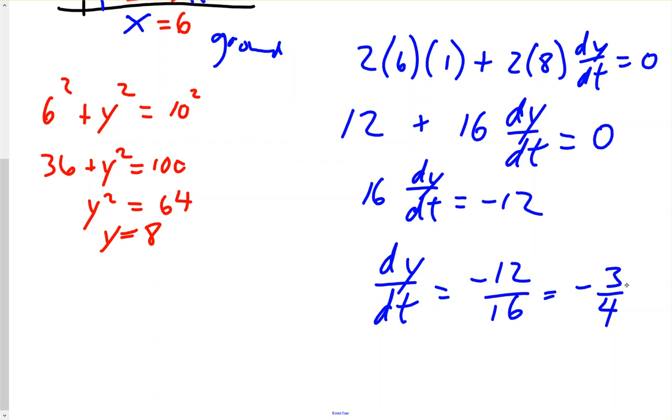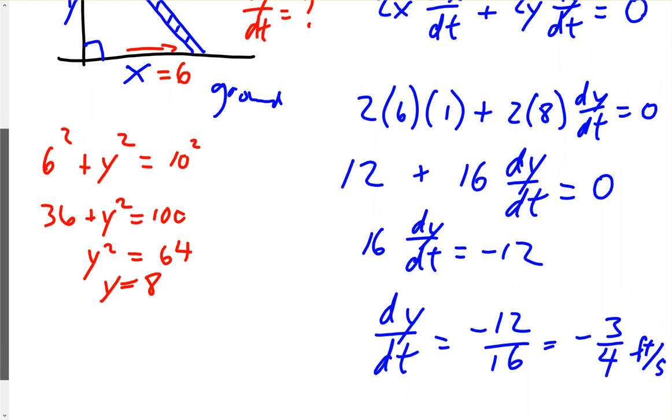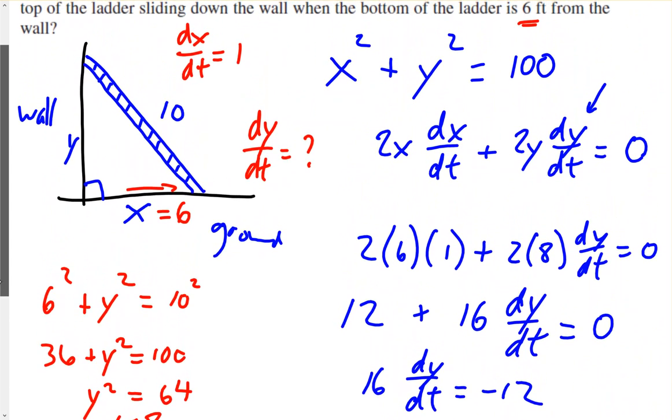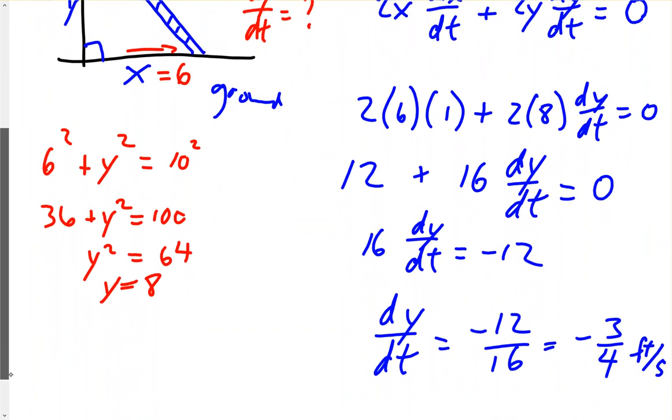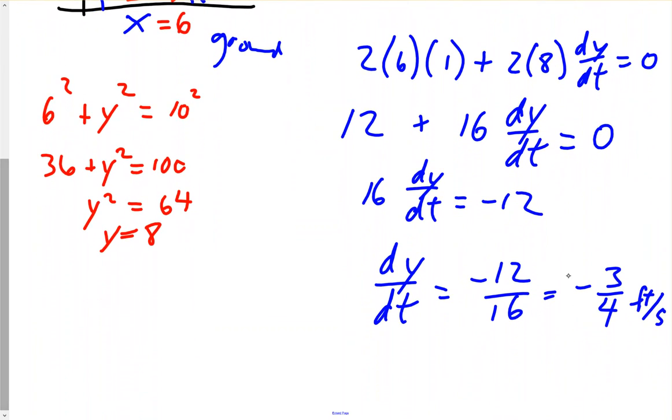Okay, and so that would be negative 3/4 feet per second. And that would be it. Okay, so the ladder would be going down, and the negative implies going down 3/4 of a foot every second.